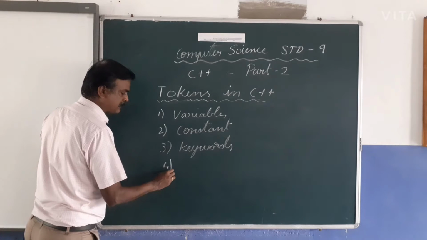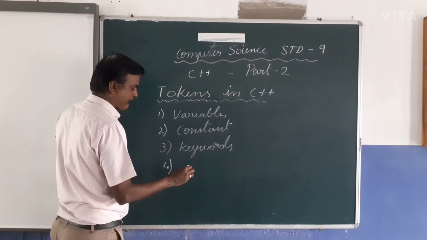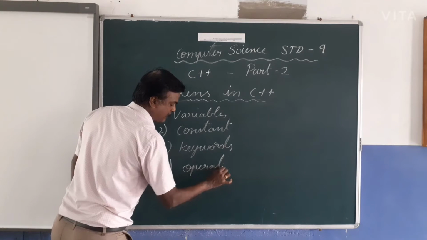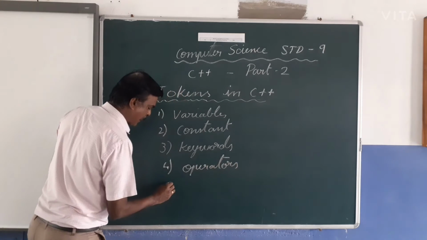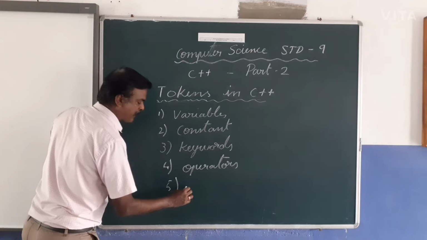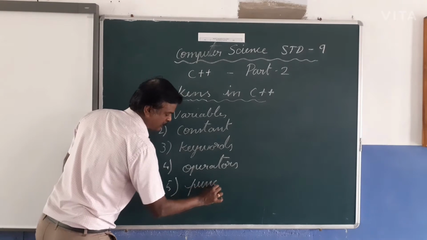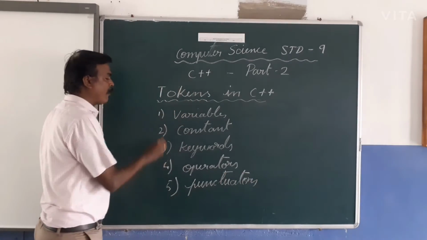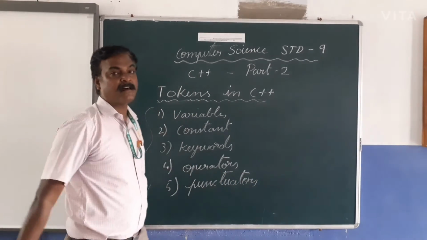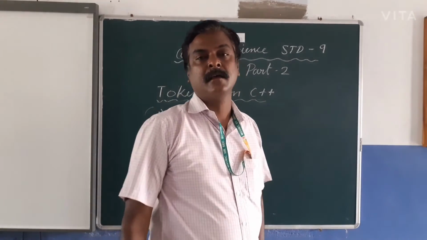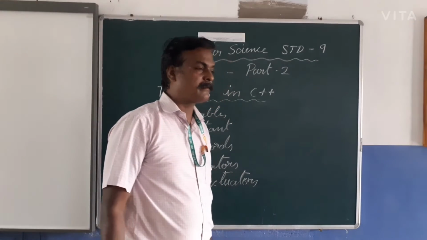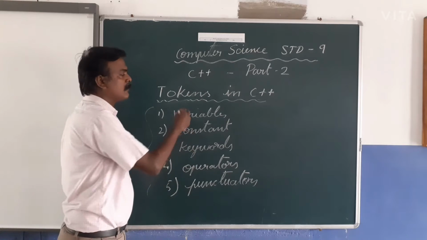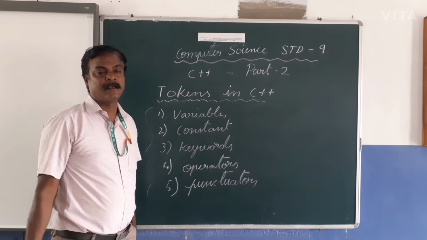Fourth one is operators, and fifth one is punctuators. So all these are characters that are used in a compiler for programming, so we call them tokens in C++.